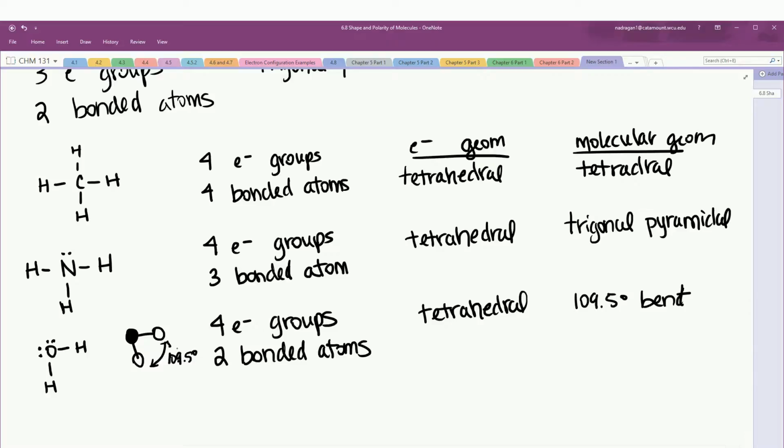Alright, so now we have an example for all of our different groups of electron and molecular geometry, depending on the number of electron groups and the number of bonded atoms. So now let's talk about how you use the shape to predict polarity. So if the molecule has a lone pair, it is considered polar. Because remember, polar means that it's an unequal sharing of electrons.